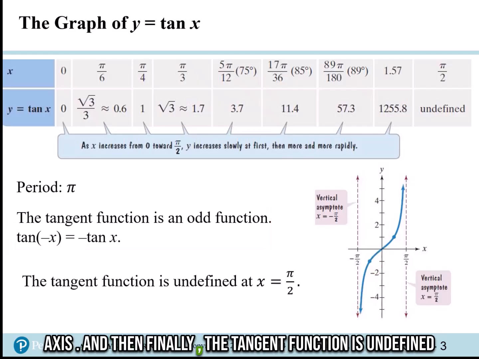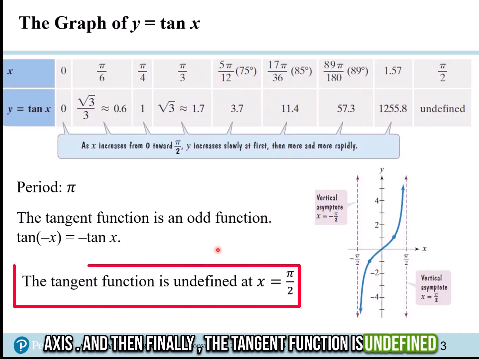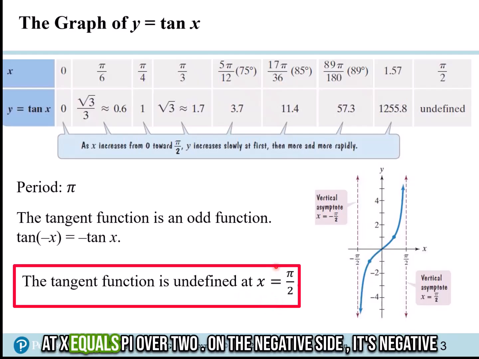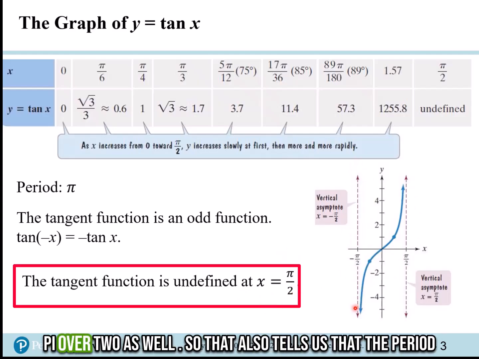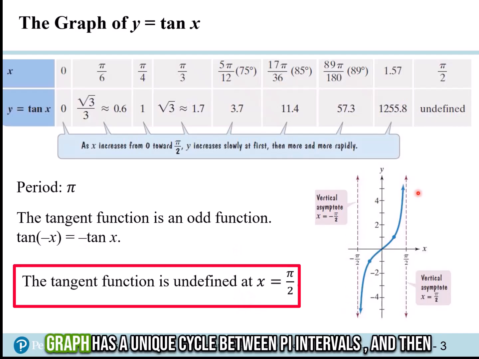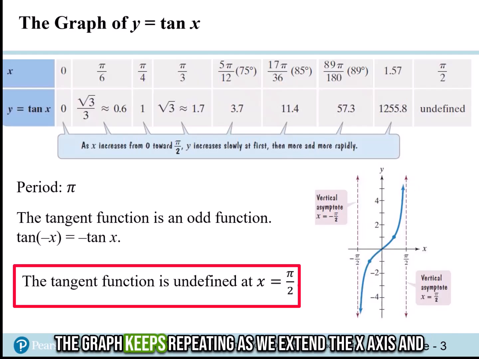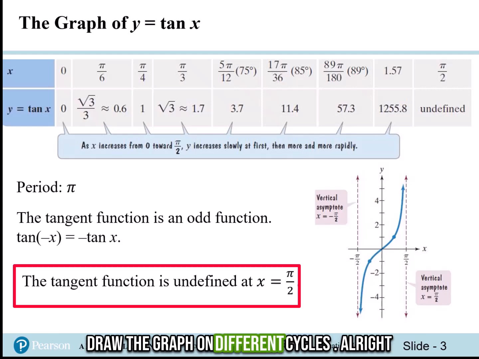And then finally, the tangent function is undefined at x equals pi over 2. On the negative side, it's negative pi over 2 as well. So that also tells us that the graph has a unique cycle between pi intervals, and then the graph keeps repeating as we extend the x-axis and draw the graph on different cycles.